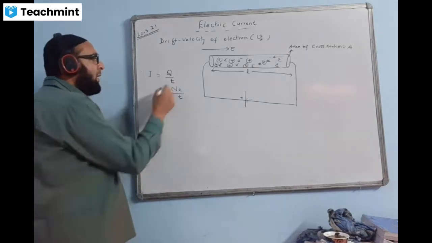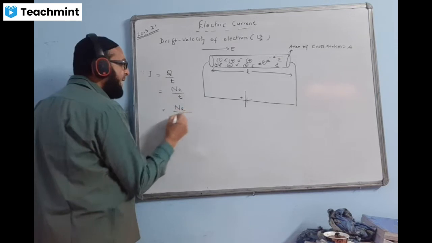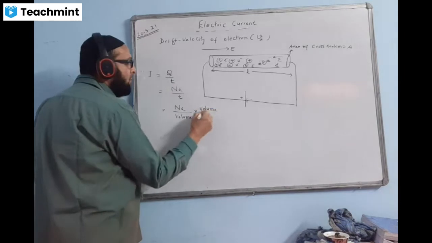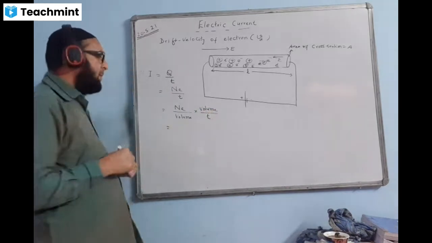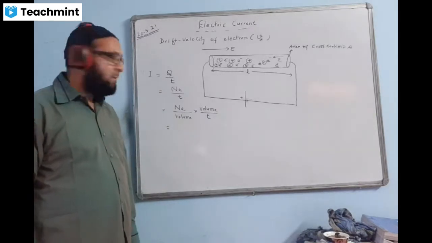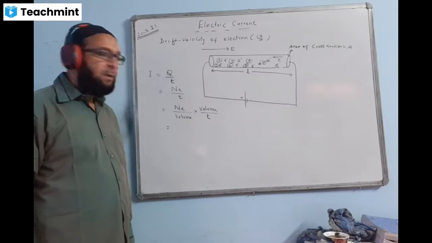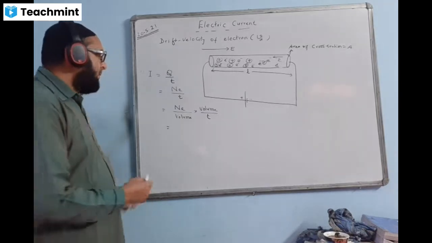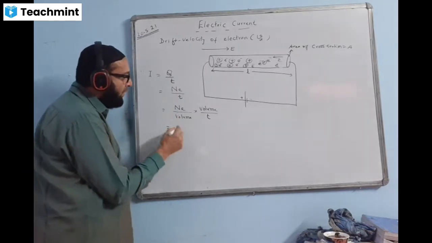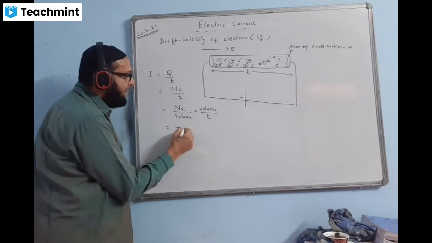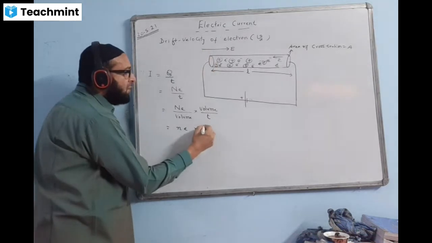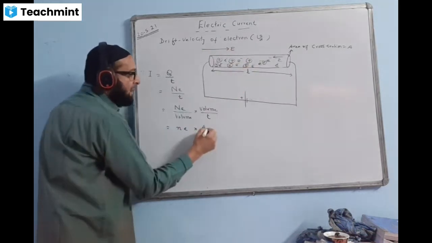What I will do here is multiply and divide by volume. N upon volume, the number of electrons per unit volume, we denote by small n. Write e as it is, into the volume of the conductor, which is area of cross section into length, A L, divided by t.